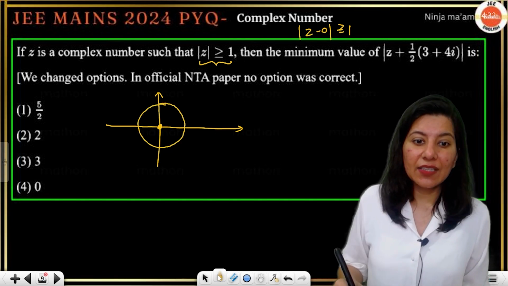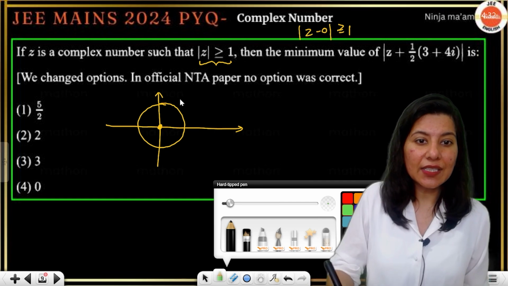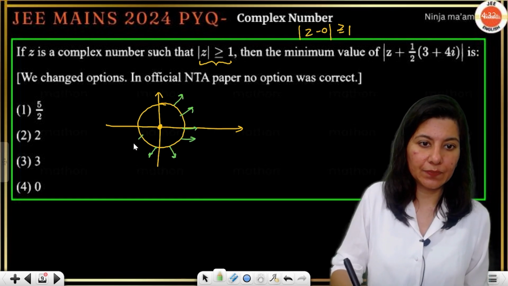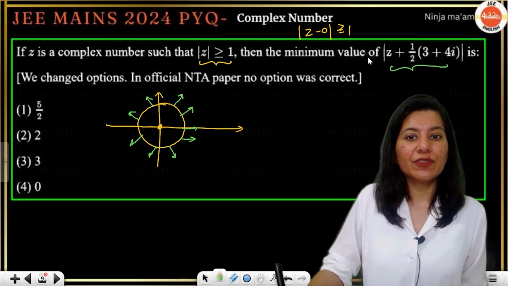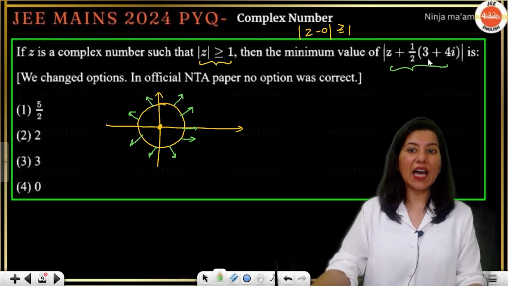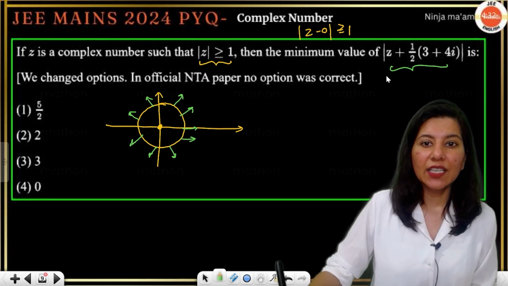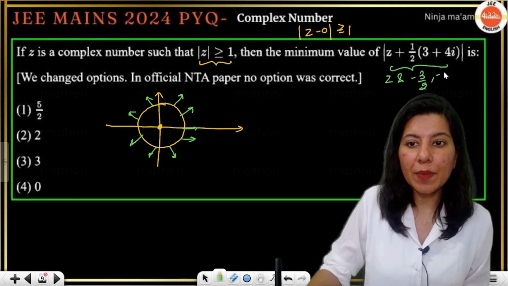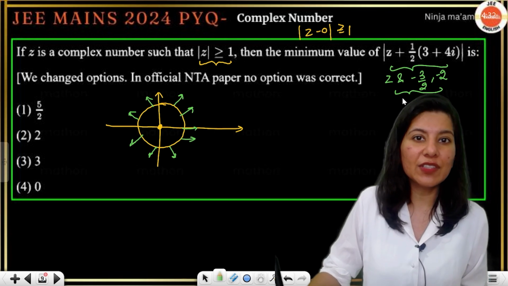That means the region is lying on the circle and outside the circle, not the inside one. Clear? The minimum value of mod of z plus 3 by 2 plus 2i, so basically the distance between z and minus 3 by 2 comma minus 2, is what we are looking for.